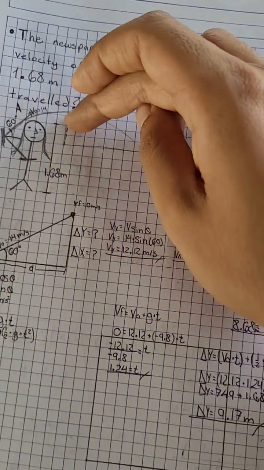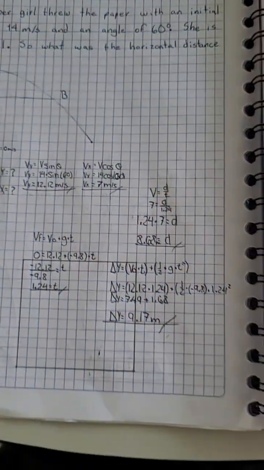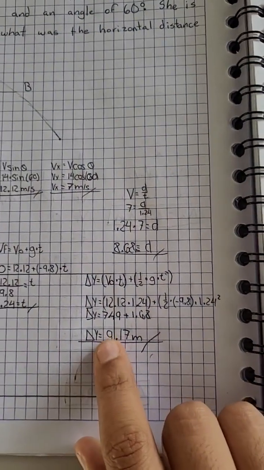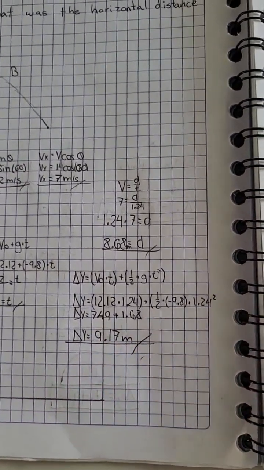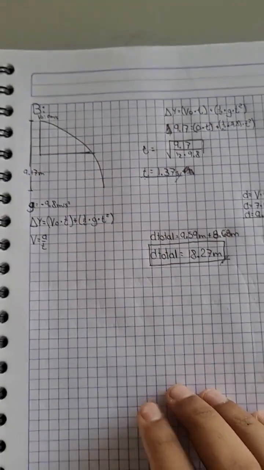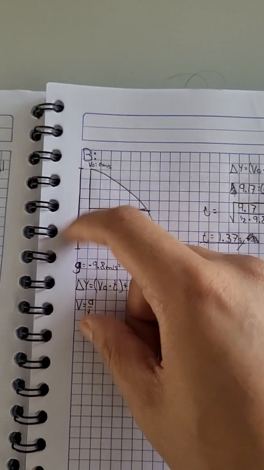So basically from the maximum point to the floor, you have a 9.17 meter distance.